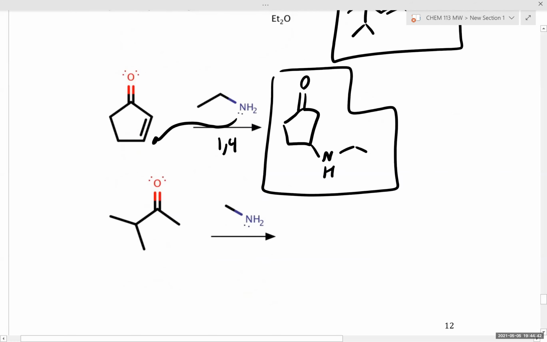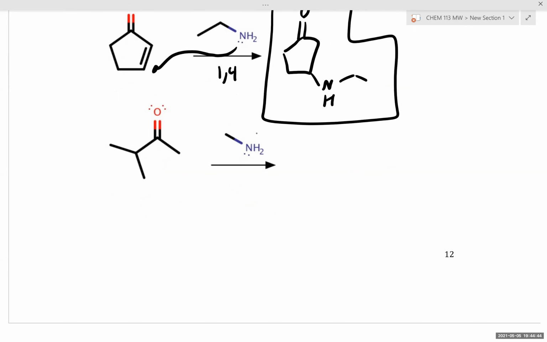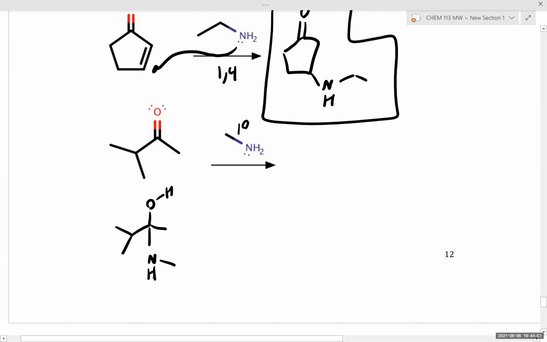Okay, for this next example, we have a primary amine and a ketone. There are 2 acceptable answers in this case. You can show the adduct, but more likely than not, this adduct will dehydrate and generate the corresponding enamine.